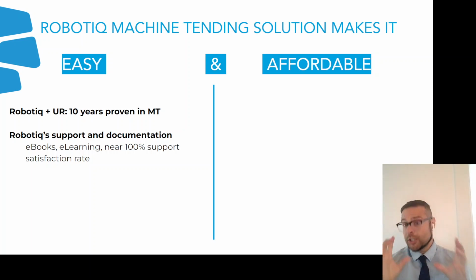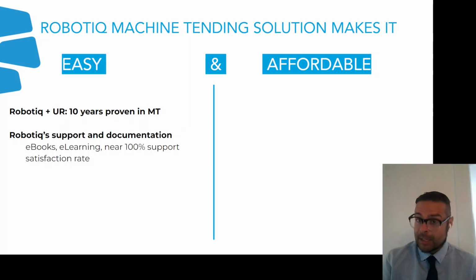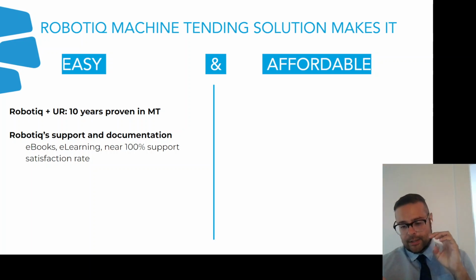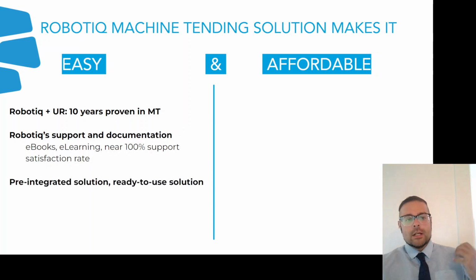We also have a lot of documentation. You know that we have ebooks, and a very exhaustive e-learning platform that you can use to train your staff. We also have a blog. We have a very complete website with case studies and whatnot. So a lot of documentation and support.